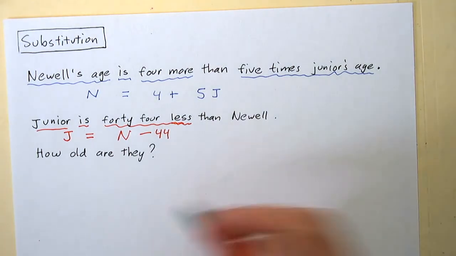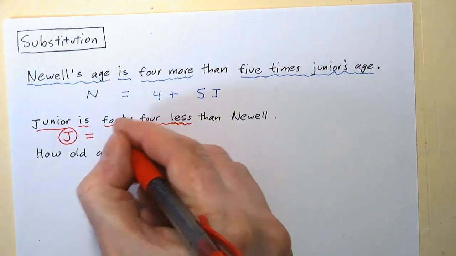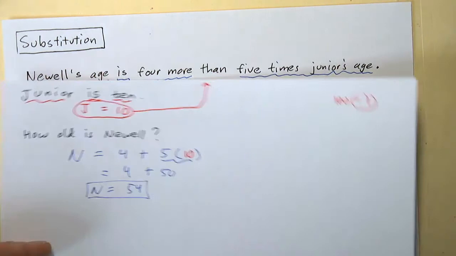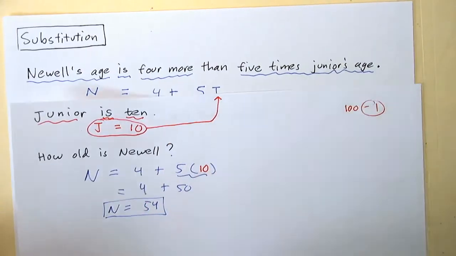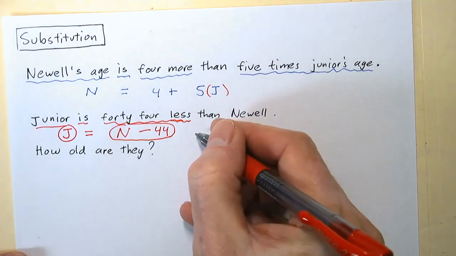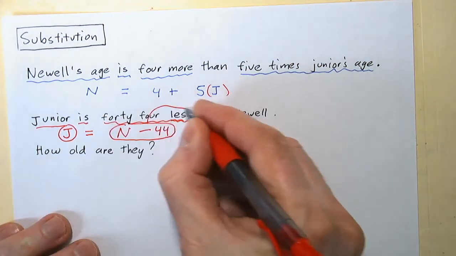Okay, so we'll do the same idea. Here's J, right? How much is J? J is this. So instead of having a nice little number to plug in, like 10, it's the same idea. We can replace J with this whole thing.